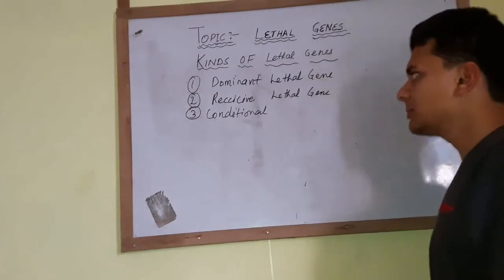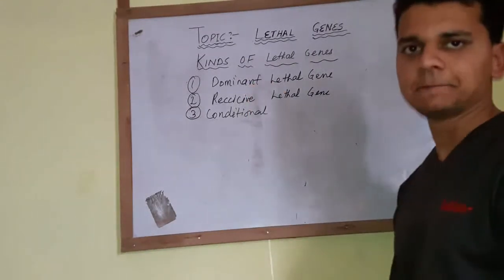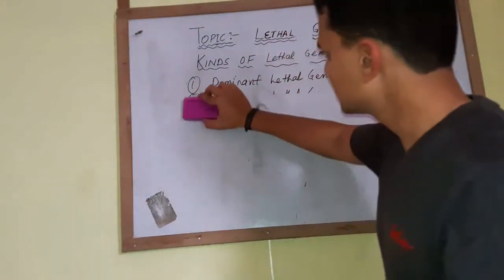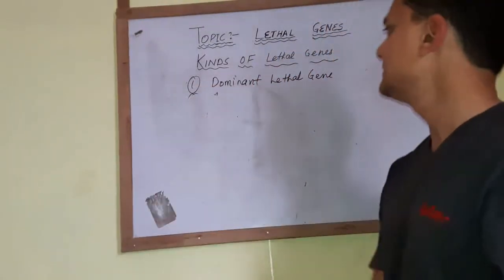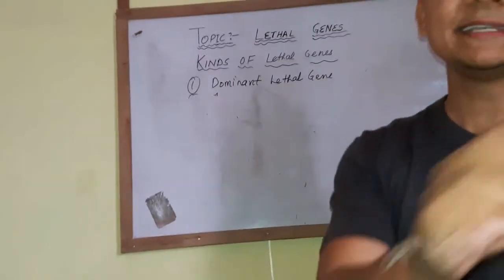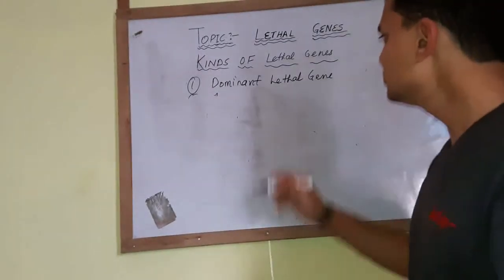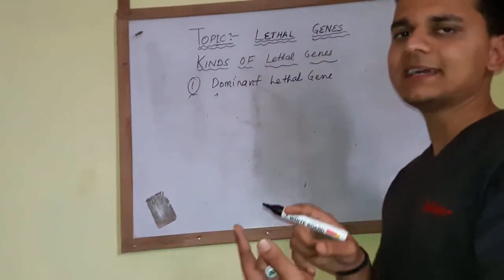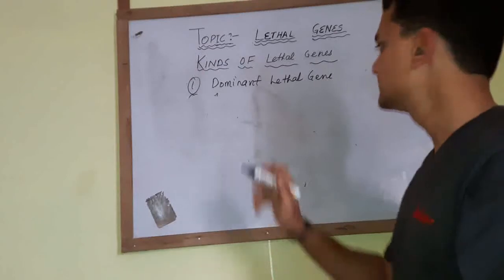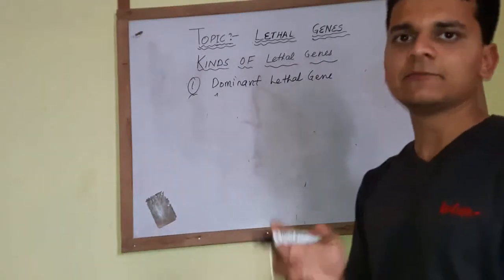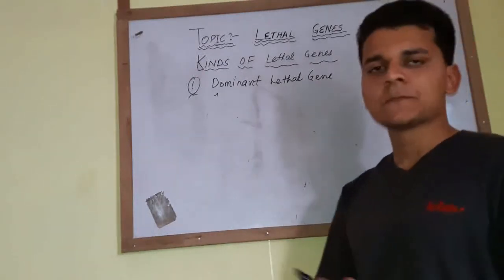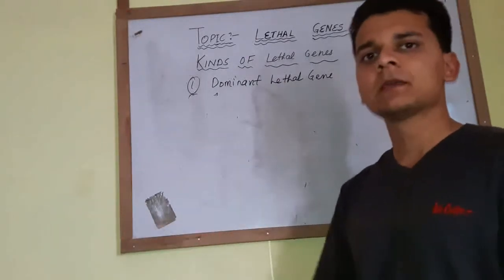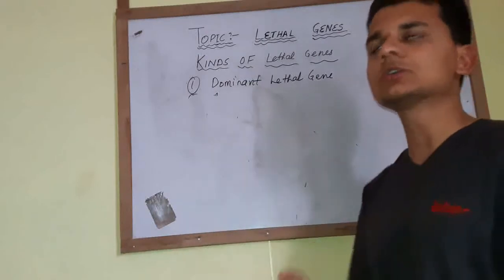So first we will talk about the dominant lethal genes. As you know, genes are divided into two categories: autosomes and sex chromosomes. But we will not consider sex chromosomes here; I'll make another video on that. We will consider only autosomes.